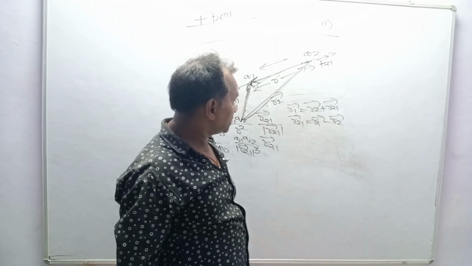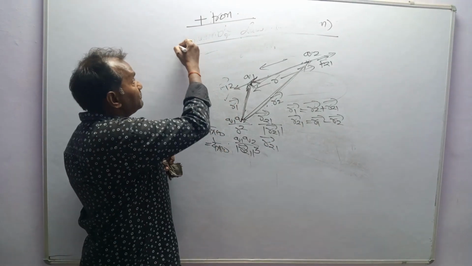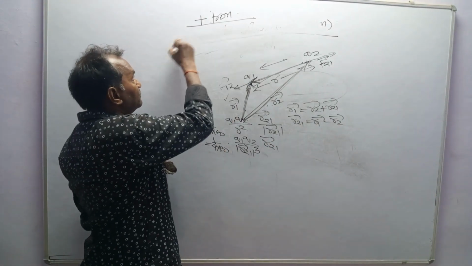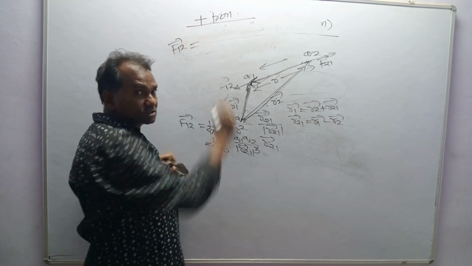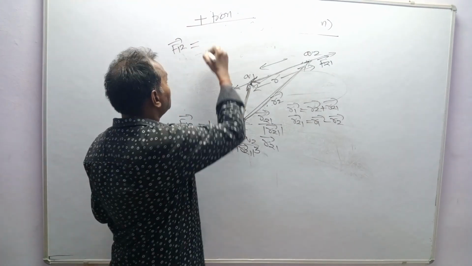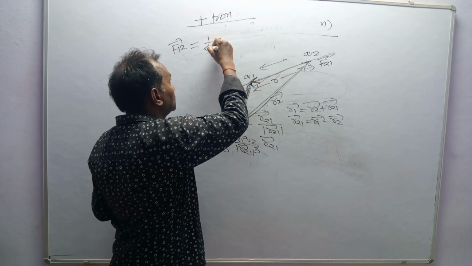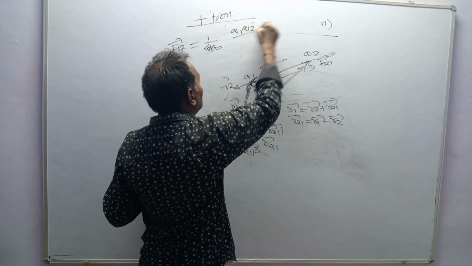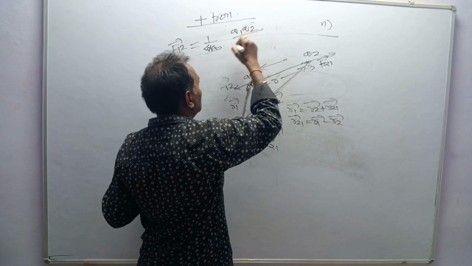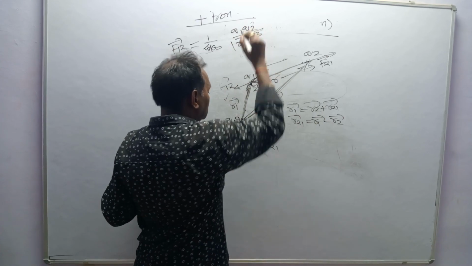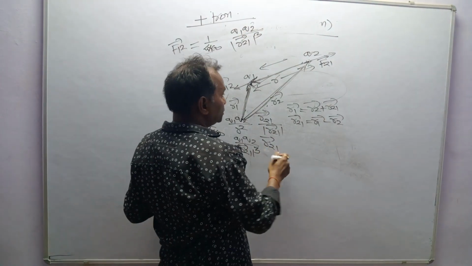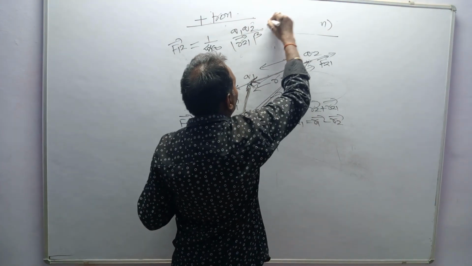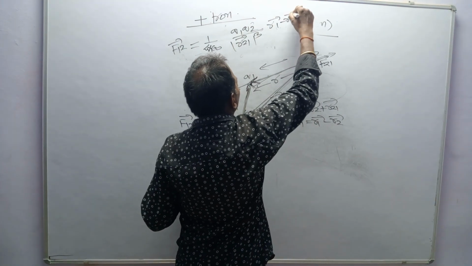Now F12, dear student, becomes 1 upon 4 pi epsilon naught Q1 Q2 over mod of R21 cubed into vector R21. You can write R21 as R1 minus R2.